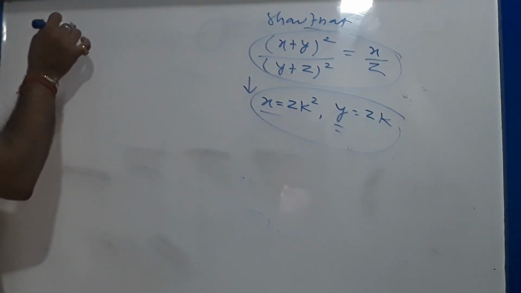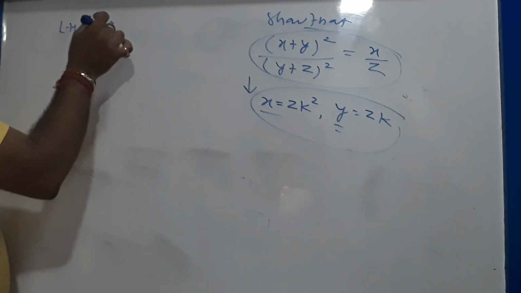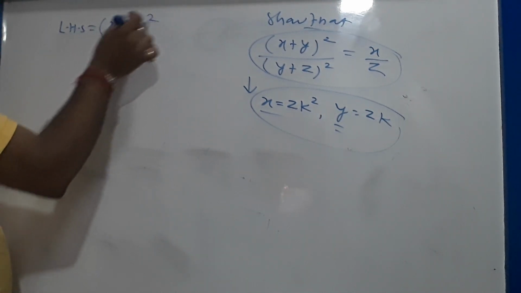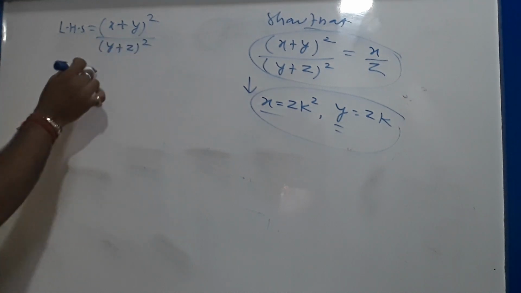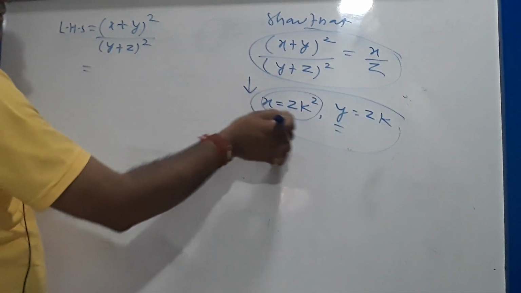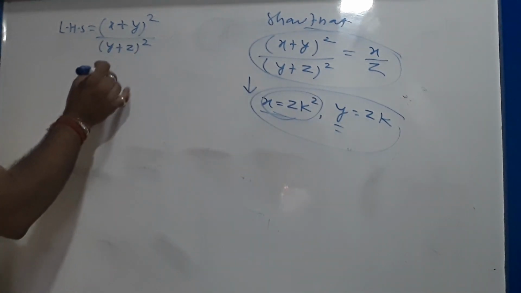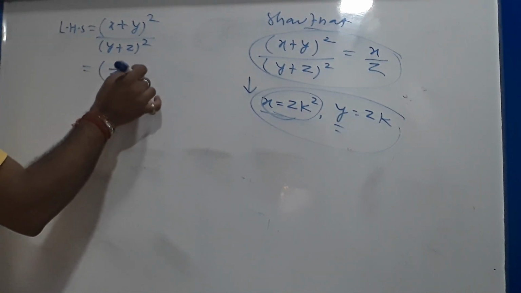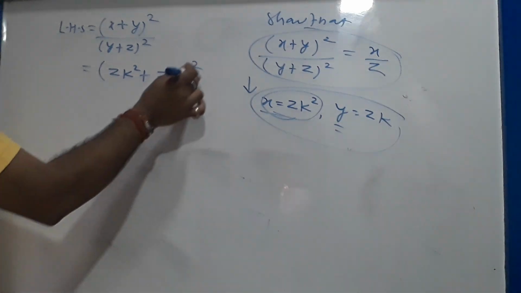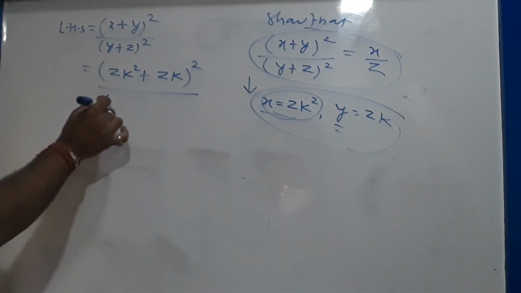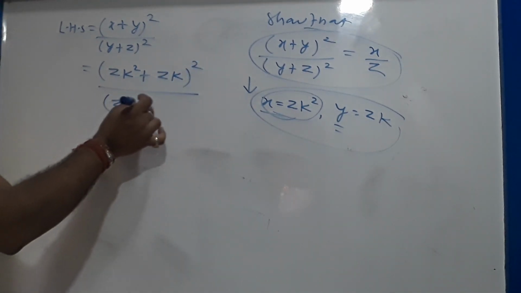So what is my left hand side? (X plus Y) square upon (Y plus Z) square. Correct? What is X? ZK square. X is ZK square plus Y is ZK, square upon Y is ZK plus Z, square.